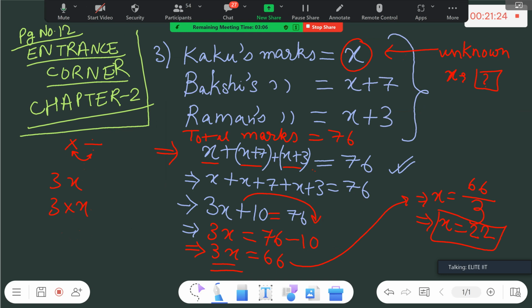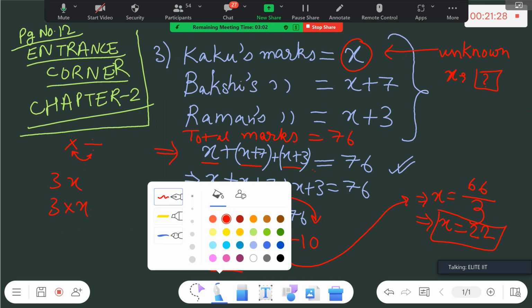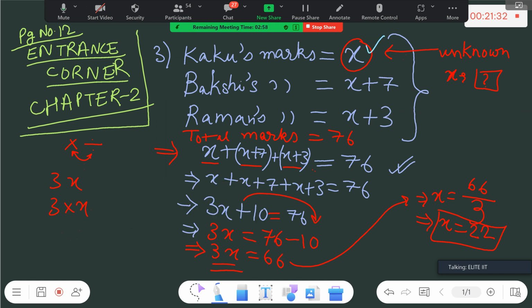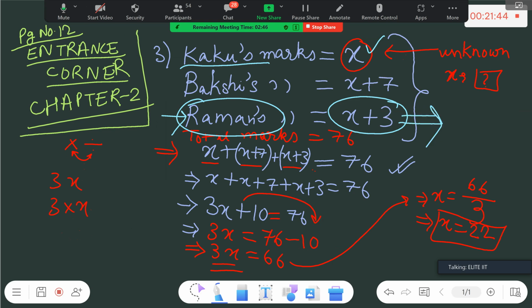The question is, find the marks obtained by Raman. And x is marks obtained by Kaku, isn't it? But what we have to find is Raman's marks, and Raman's marks are x plus 3. So x plus 3 equals how much? X is 22. 22 plus 3, the answer is 25.